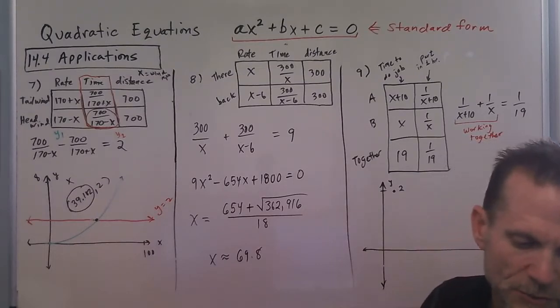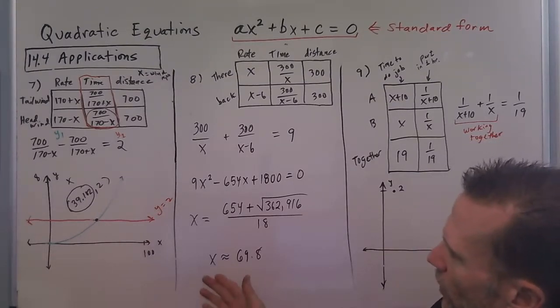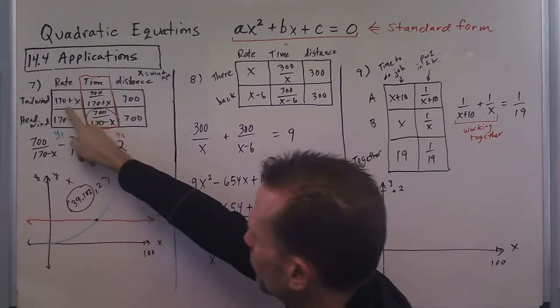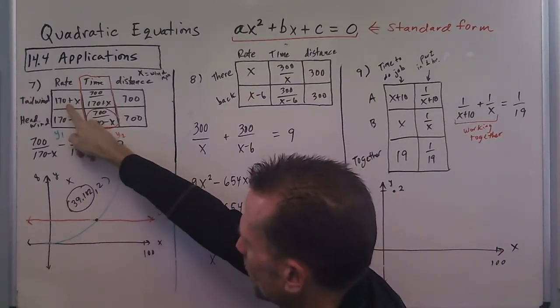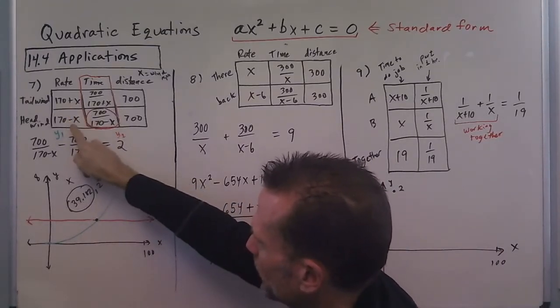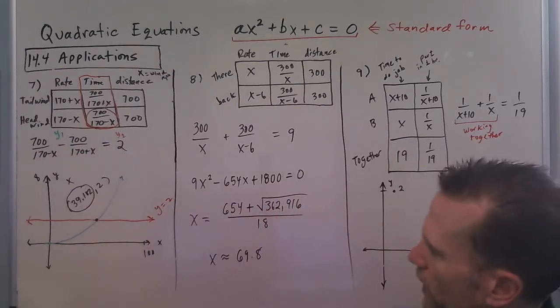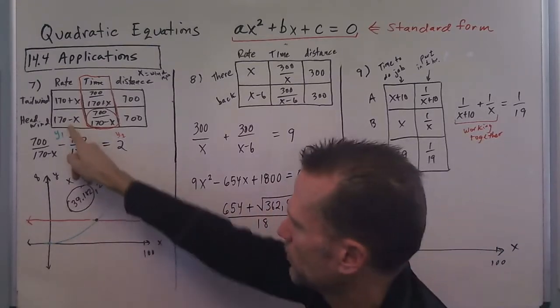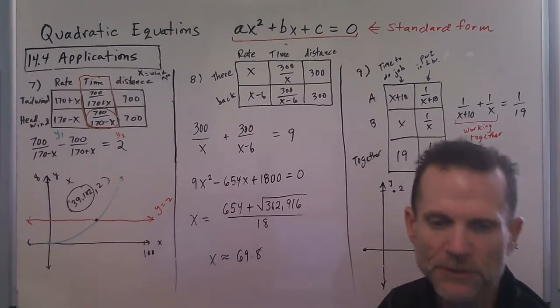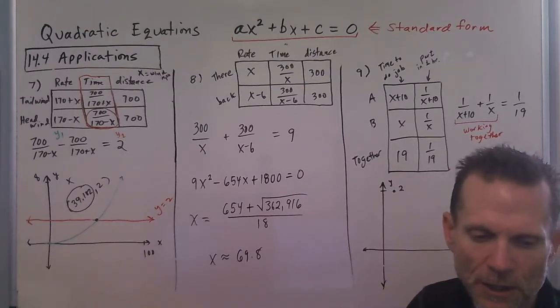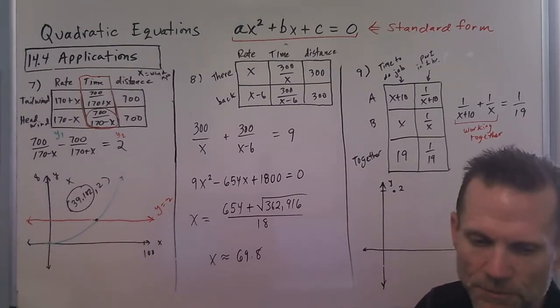If they ask what's the speed with the tailwind, we'd add the 39.102, and if we wanted to find the headwind speed, we'd subtract 39.102.